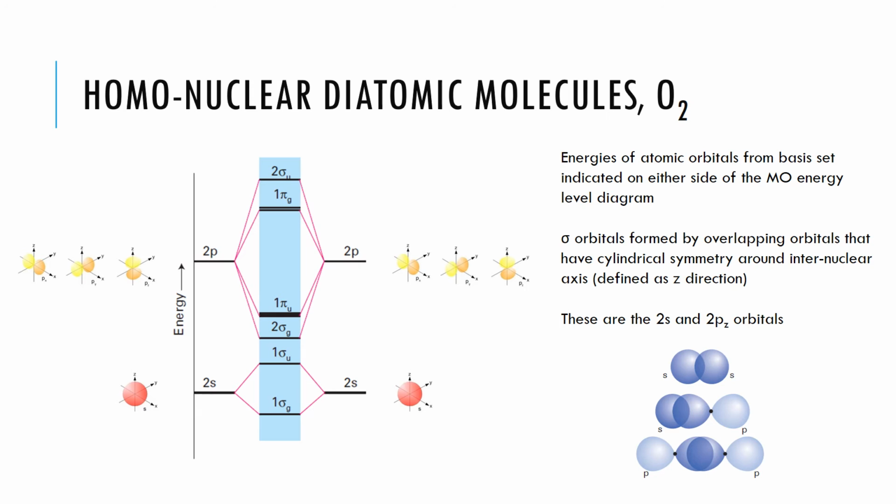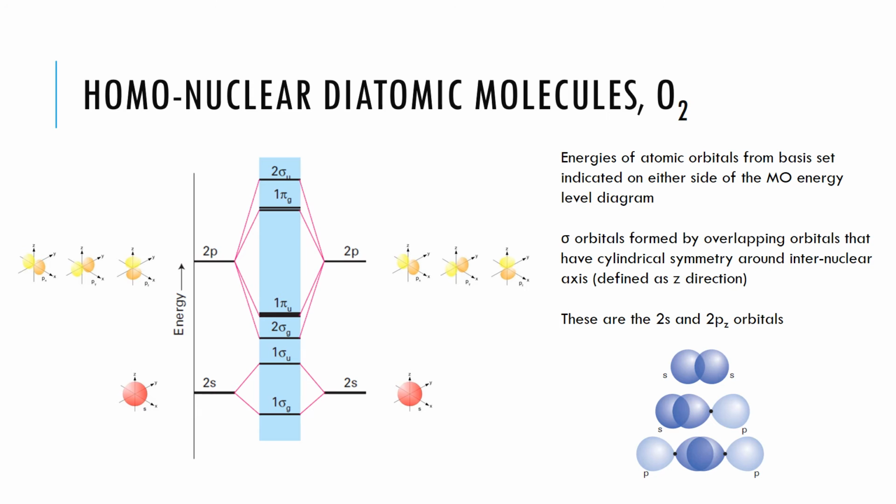The sigma orbitals are formed by overlapping atomic orbitals that have cylindrical symmetry around the internuclear axis. So look at the diagram in the bottom right there. Overlap whereby we have cylindrical symmetry around the internuclear axis are the 2s orbitals and 1 set of 2p, the 2pz orbitals.